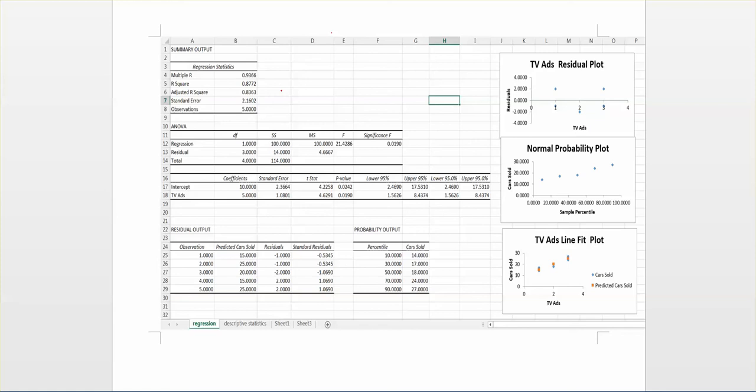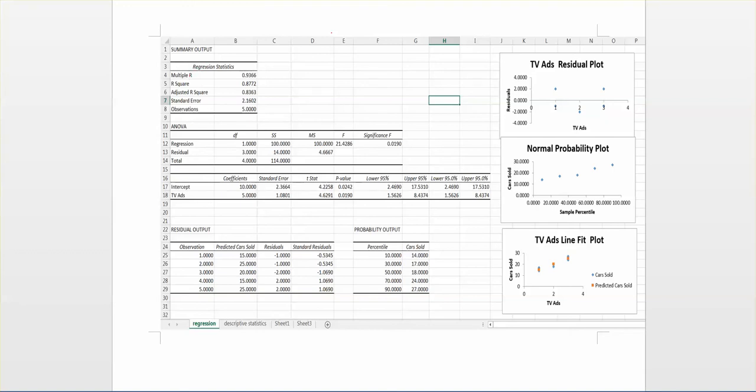Any Excel regression analysis output is made up of 4 parts: regression statistics, the ANOVA table, the linear regression equation, and residual analysis. In the following parts of this video, I will give you details for each part of this output.